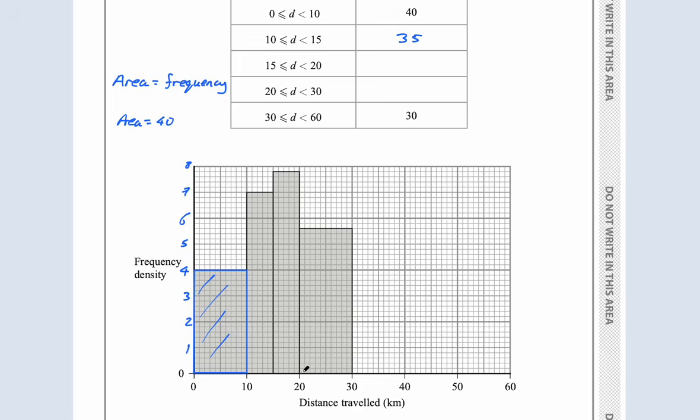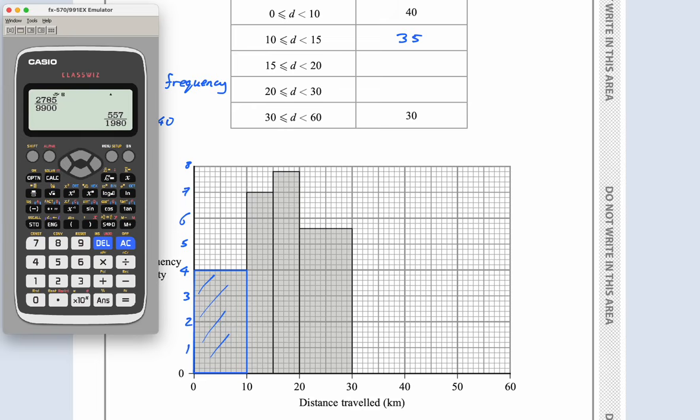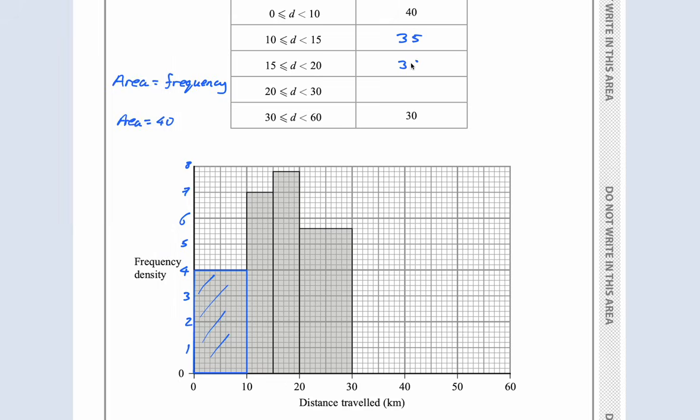So it's 5 times 7.8. Let's use the calculator. 5 times 7.8 is 39. And then here, this is 10, so 10 times 5.6 is 56.